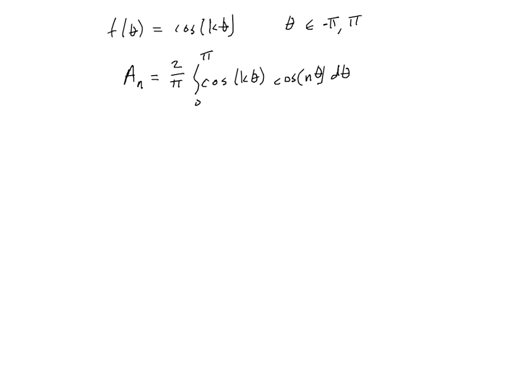Well, if k is not an integer, then the solution for this is equal to minus 1 to the n of 2k sine of k pi over pi times k squared minus n squared. So obviously, if k was equal to an integer, you'd have a totally different answer here.